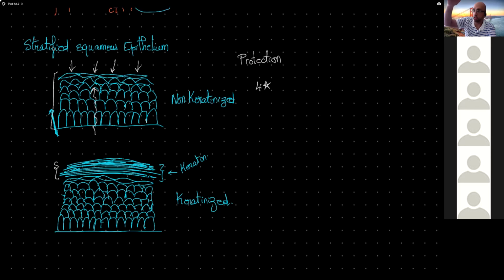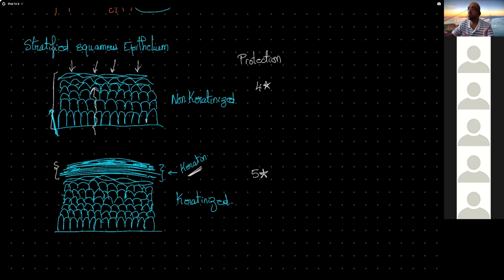If the cells at the top are dying, I keep adding more and more cell layers, and even as the cells are dying, I add more cell layers. So I need much more protection. So let's say put 5 stars protection on here. So think of it: if I have keratinized stratified squamous epithelium, this provides me with the maximum possible protection.